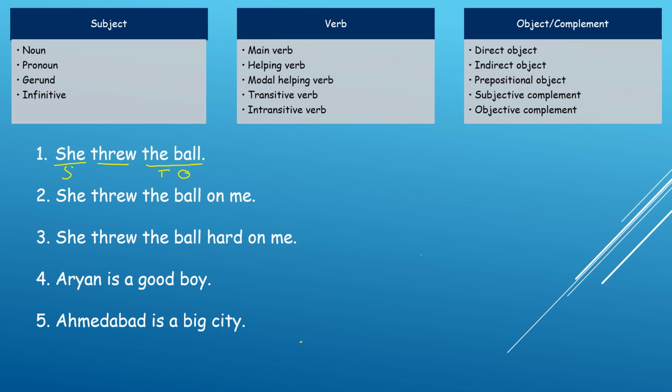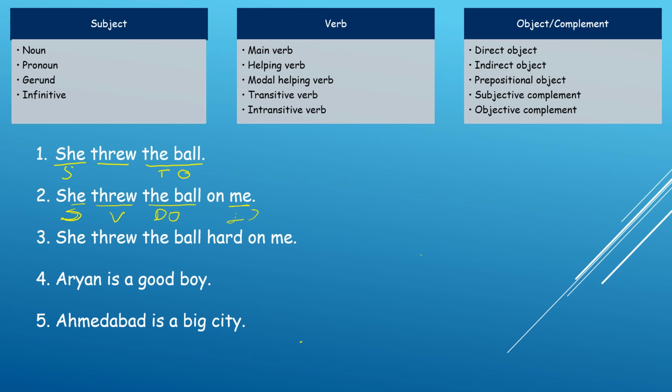The next sentence, she threw the ball on me. She is the subject. Threw is the verb and the ball is the direct object because we asked the question what? What she threw? So the ball. And on me. So me is our indirect object.